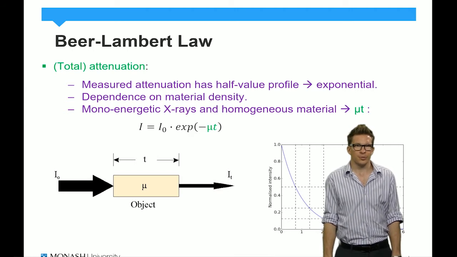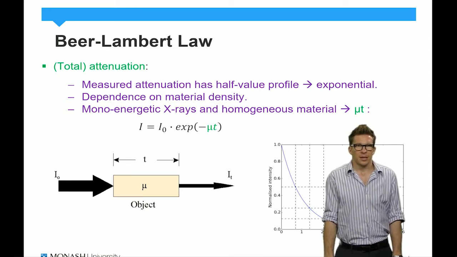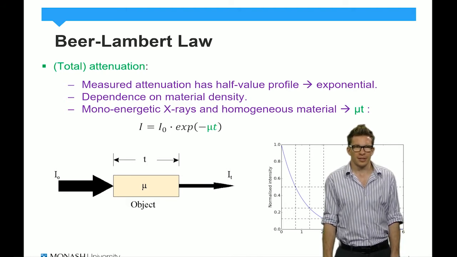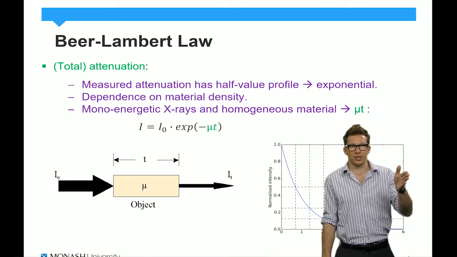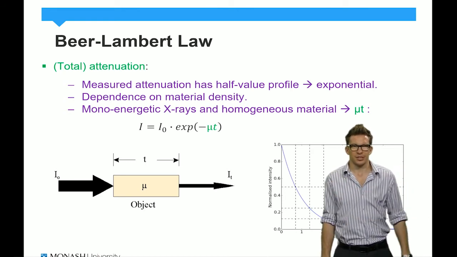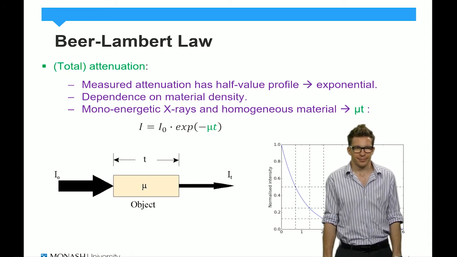So I and I0 are related by the Beer-Lambert law. I equals I0 times e to the minus mu t. And we have the attenuation product mu t inside the brackets there. And there's a minus sign there inside the brackets. And that means that the incident intensity is going to reduce as it passes through the object.